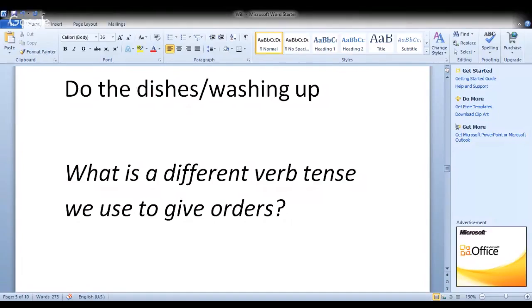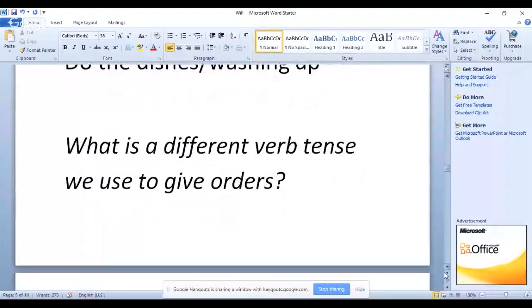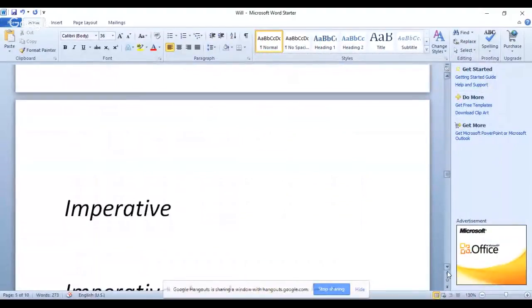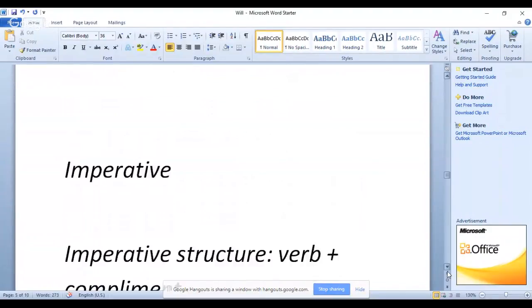You know, the original verb, infinitive verb, and the object, or just the verb. Okay, and do you know what this verb tense is called? I forgot it. Order form. I don't know. The imperative form. Ah yes, that's right. Imperative.